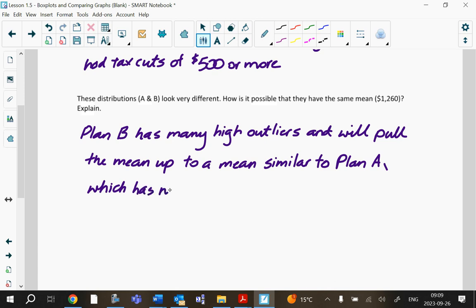The mean and the median are close in Plan A, but the mean and the median are really different in Plan B. We saw the median was quite low, but the mean, because of those high outliers, was pulled up. Okay? So the lesson from this is, don't just look at one measure of data. The story could tell much more than that.